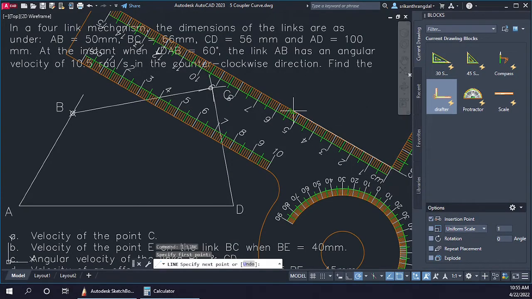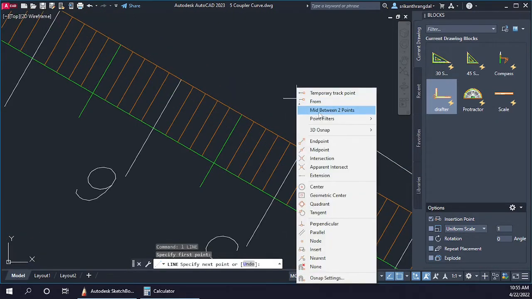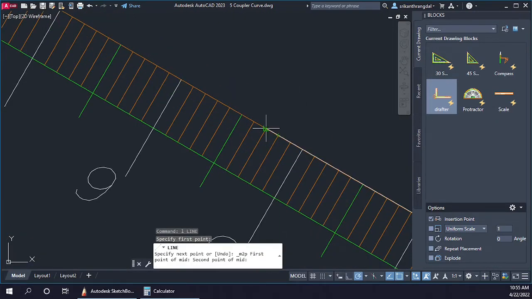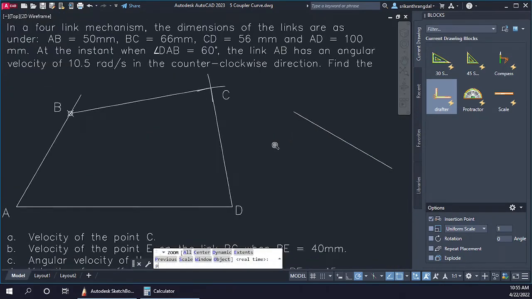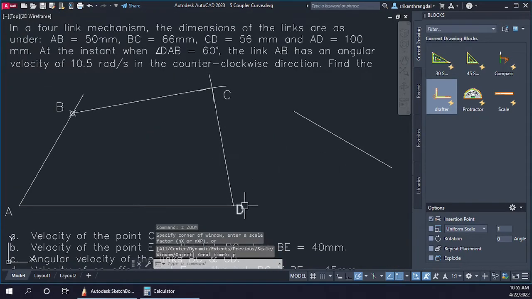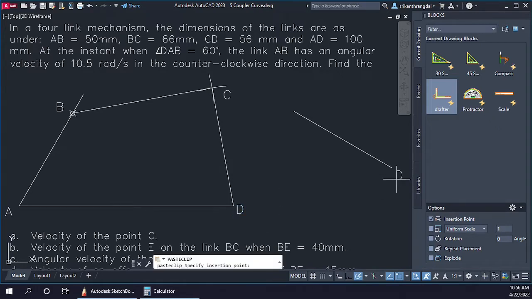So we have to draw 5.25, so we have to take a midpoint between 5.2 and 5.3. So this is our first velocity diagram, and because it is rotating anti-clockwise, the velocity will be in upward direction.